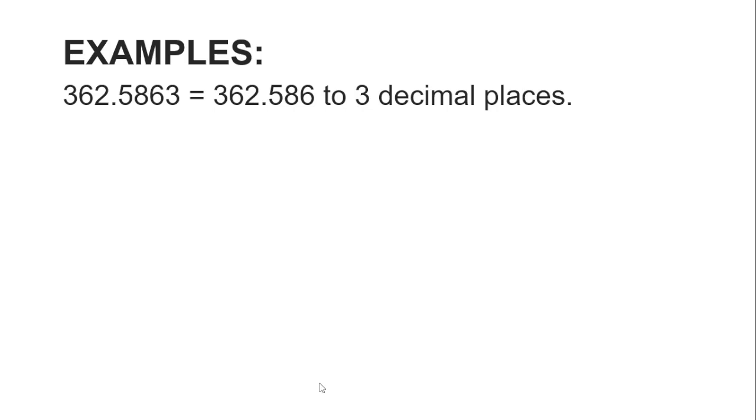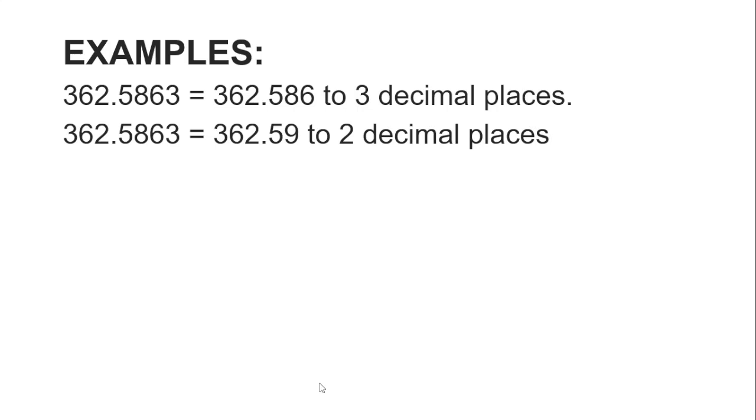Now how about the same example, but rounded to 2 decimal places. What do you think? That's going to be 362.59. Why is it 0.59?